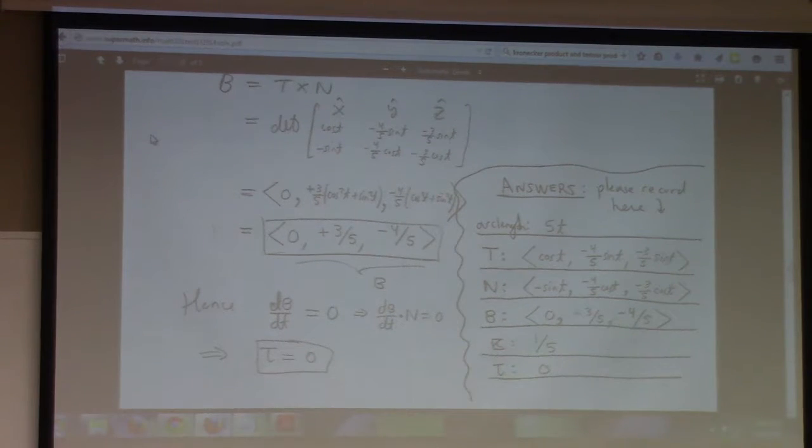What I'm trying to get at is there are curves on the sphere that look like that, and those will not have vanishing torsion, and they will not have constant curvature. They'll be other. They also will not have nice formulas like the one I gave on this problem.